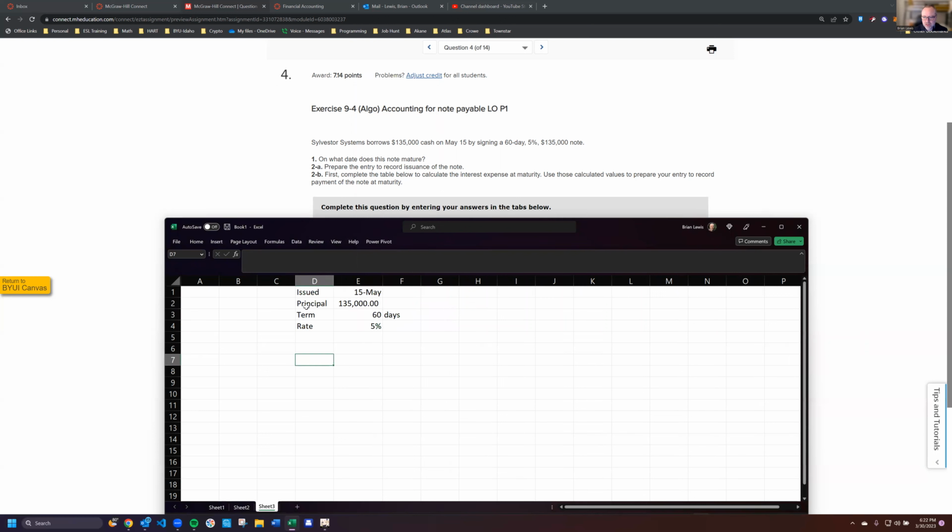Okay. Principal is 135,000. The term is 60, the rate is 5%, issued on the 15th. So full term interest amount is going to be total interest. Actually, let's do one before this: insert term, issued, term, final end date.